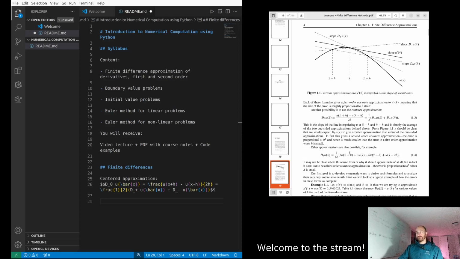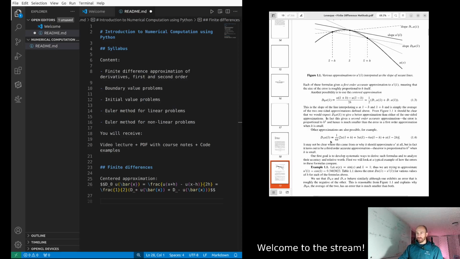And there are a lot of other clever tricks to approximate the derivative, and you can see them in this equation 1.4. For example, it's called d sub 3, but it's also an approximation to the derivative. 1 over 6h, and these coefficients 2, 3, 6, and 1 here. The trick is that it is not clear why this is a good approximation, but it works.